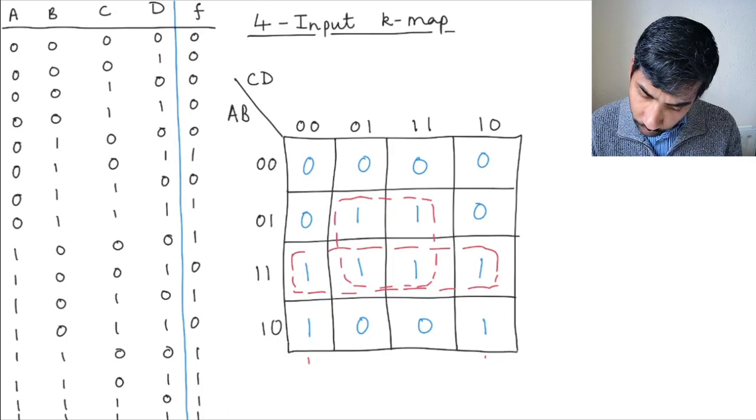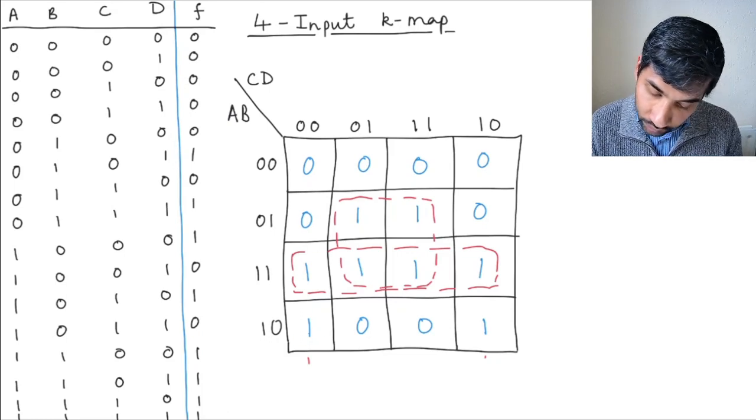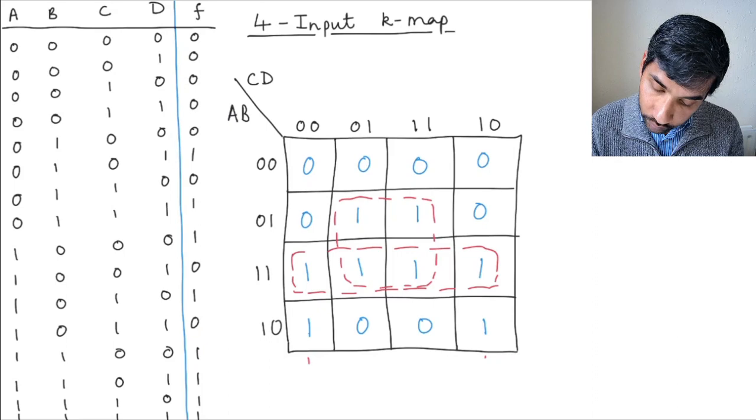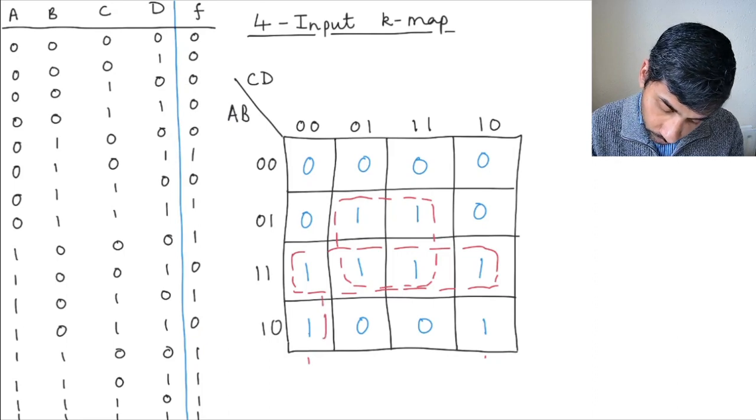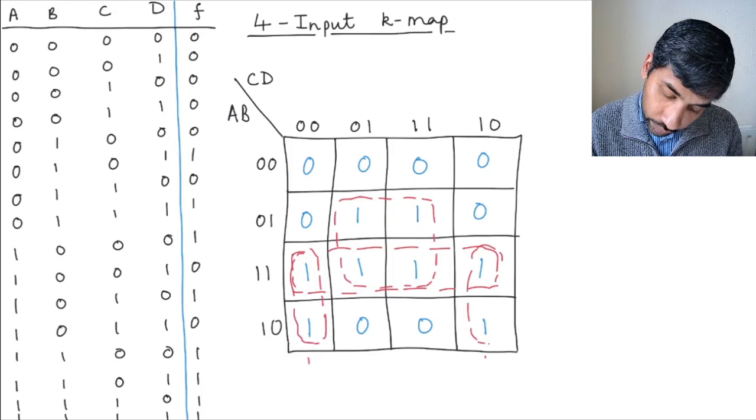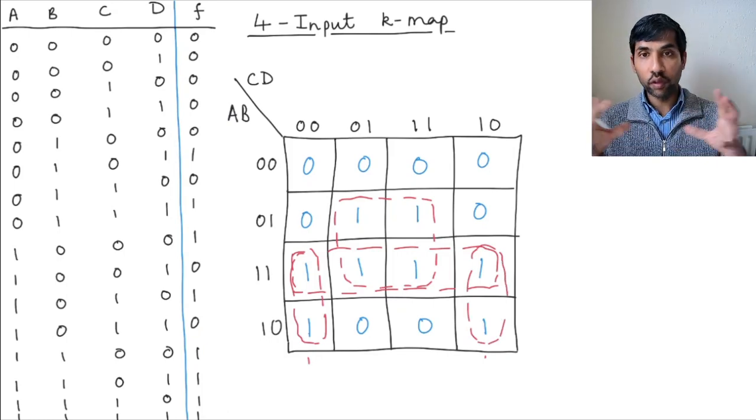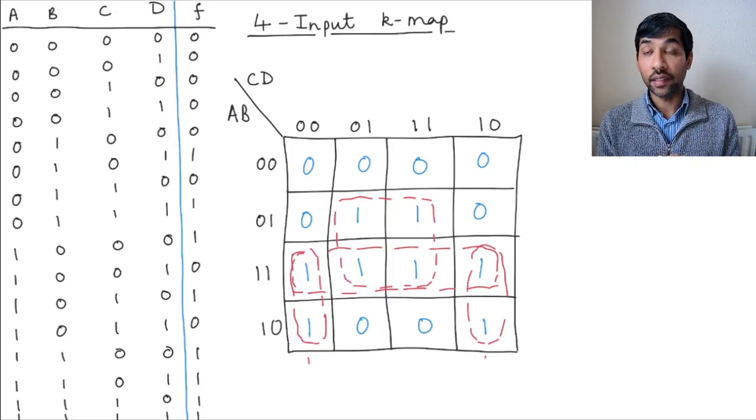And I can't make a bigger group than two, so I'm going to combine it with these ones. Okay, so let's combine it this way, this and this. So you have four kind of portions, and each of those four will be represented by one min term, and therefore you will have a four term Boolean expression.